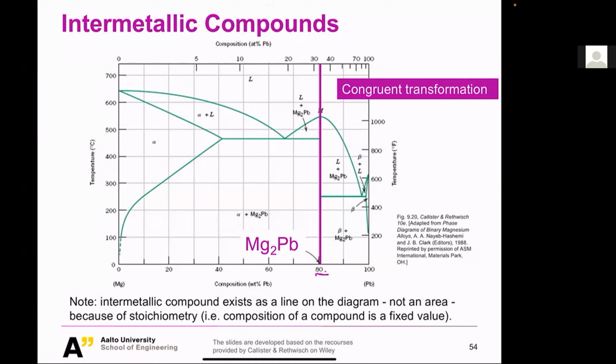It's basically like a single material, like water. You cool it down, it becomes ice, and when you heat it up, it becomes water. Here we're mixing two components, but it behaves exactly like one material. This is the so-called intermetallic compound.